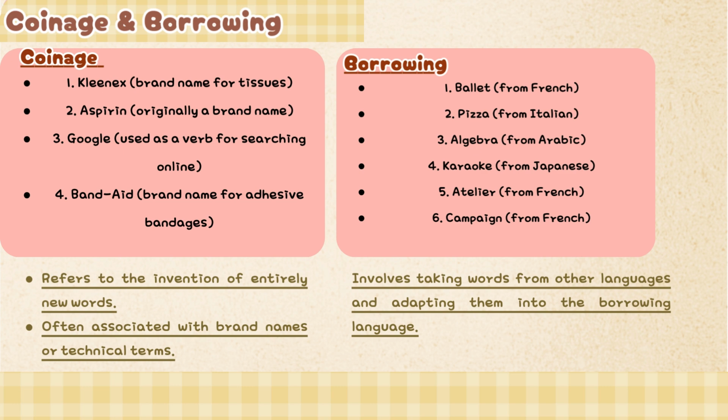Similarly, the French word campaign originally referred to military operations. Over time, its meaning has expanded to include any organized effort, such as political, social, or advertising campaigns. These borrowed words show how languages influence each other and how cultures are connected.